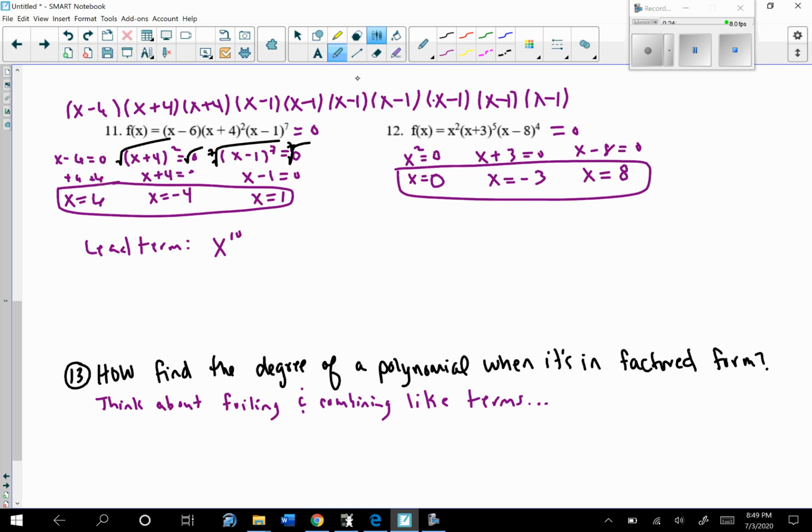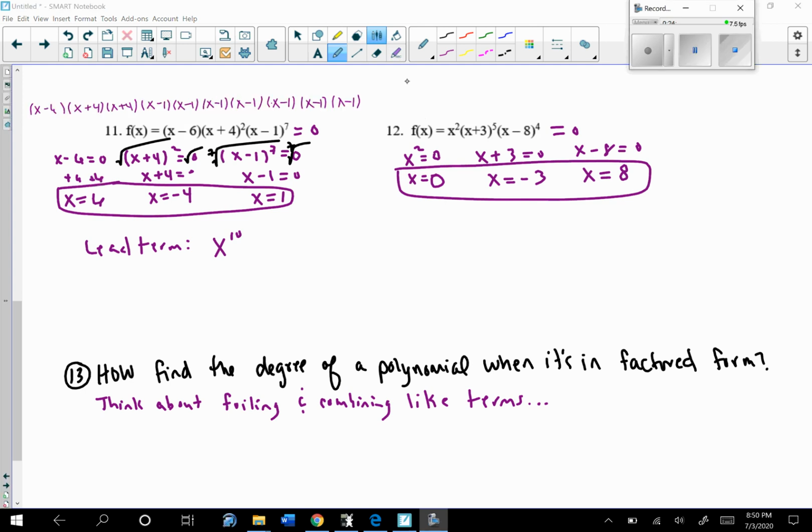Over here, same thing. If I were to write all this out, x squared would be x times x, and then x plus 3 five times: 1, 2, 3, 4, and 5, and then x minus 8 four times.